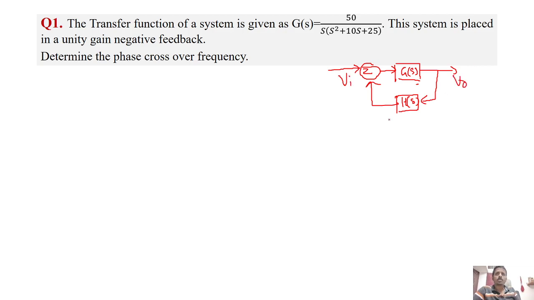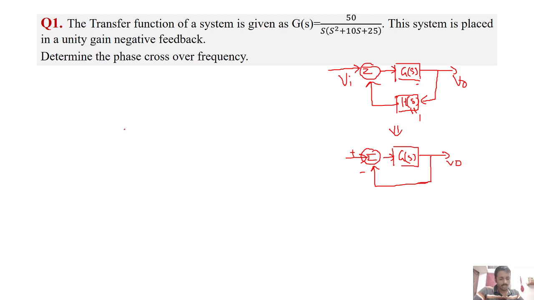Since it is a unity feedback system, H of s will be equal to 1. So we can draw this system as G of s somewhere here. Okay, so this is actually the system. The question is to find the phase crossover frequency.